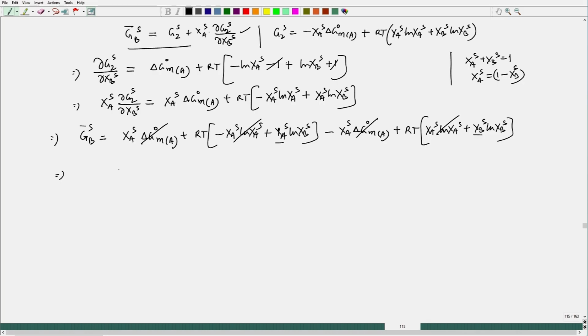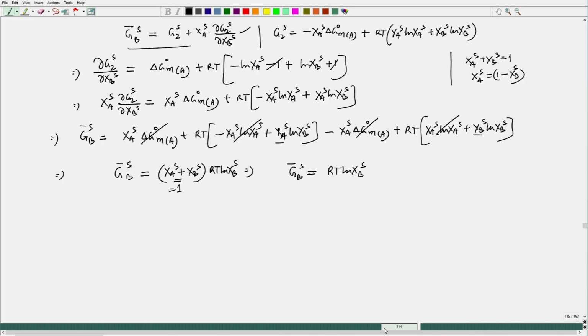So we have seen that G bar B solid should be equal to XA solid plus XB solid times ln XB solid. This is equal to 1, so G B solid, this is the partial quantity, there is an RT missing, so it would be RT ln XB solid.